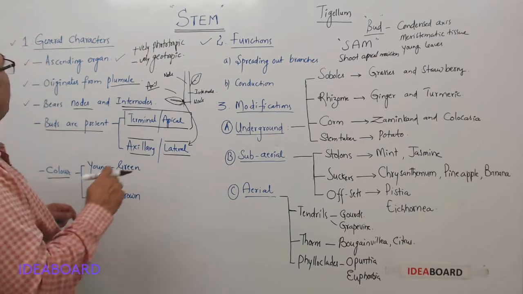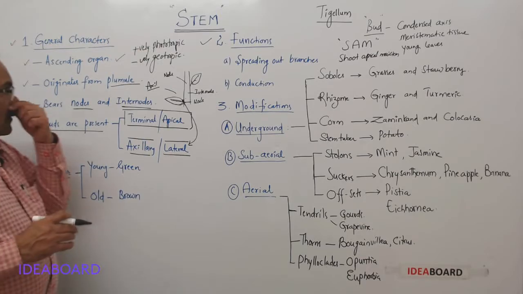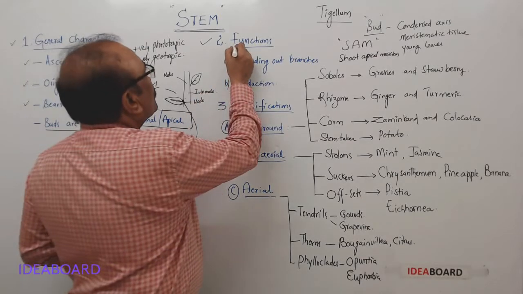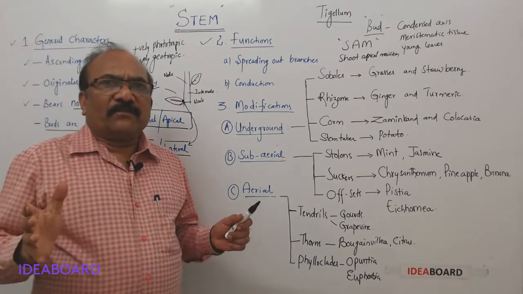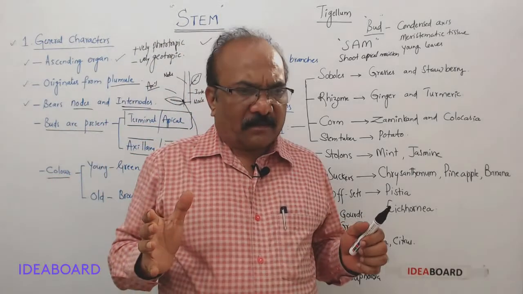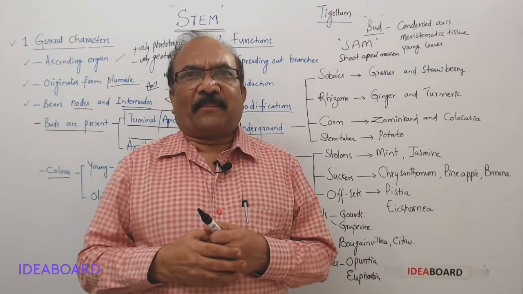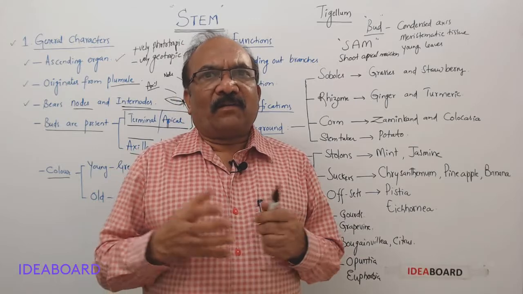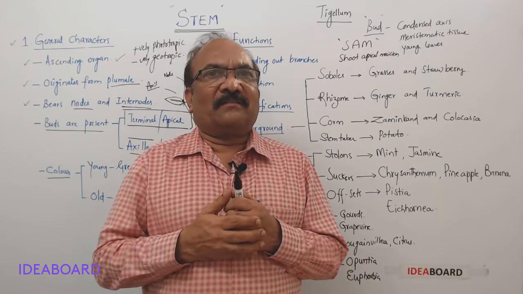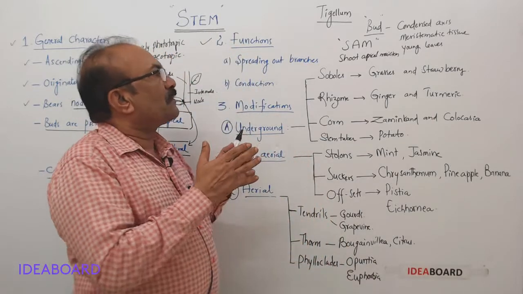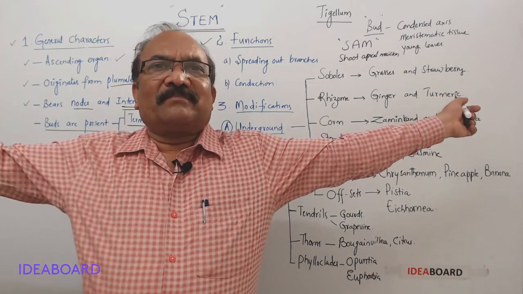Now, that is about the general characters, and now let us discuss the functions of the stem. If you consider this main axis of the shoot system as the stem, then what functions is this stem performing? You know that all the branches are spread out by the stem.